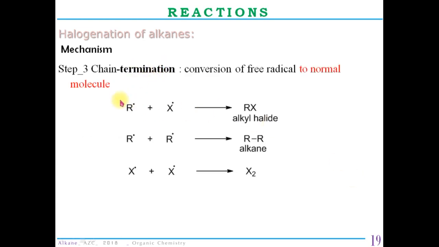And in termination, two radicals react and give a normal molecule. So conversion of free radical to normal molecule. In first reaction, halide radical and alkyl radical give alkyl halide. Two alkyl radicals react and give alkane, and over here two halide radicals give halogen gas. These are the side products. This is our main product, that is alkyl halide.